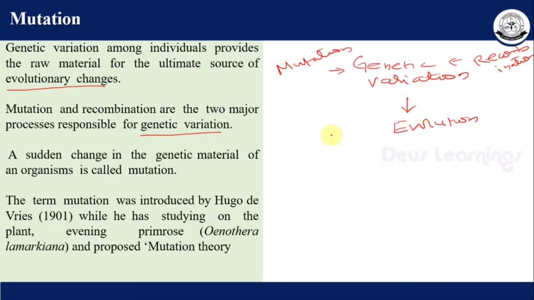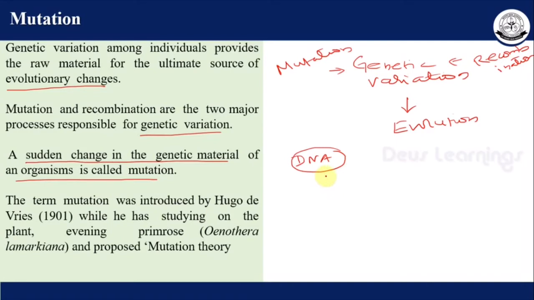Now, what is mutation actually? A sudden change in the genetic material of an organism is called mutation. The genetic material is DNA, so there is some change in DNA because of which the whole outcome changes.